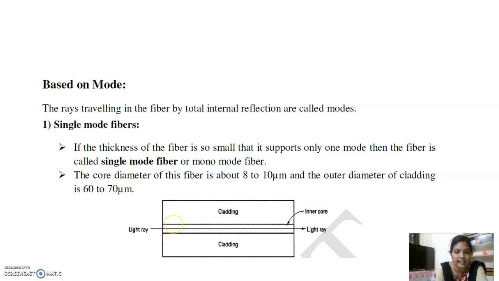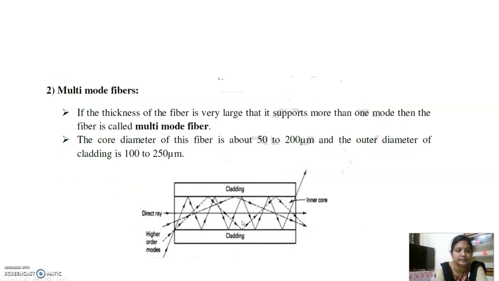As the thickness is very small, the diameter of the core is around 8 to 10 micrometer and the outer diameter of the cladding is 60 to 70 micrometer. So the diameter of the core is very small such that only one light ray can enter into the optical fiber and get transmitted.